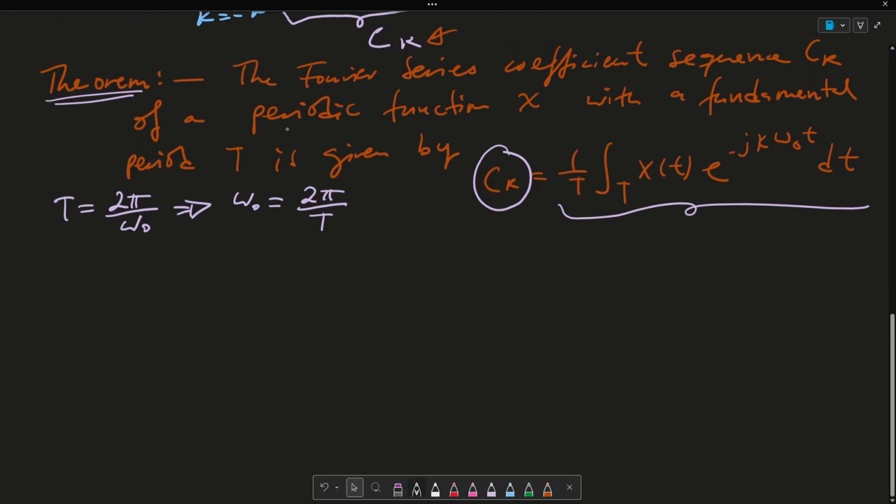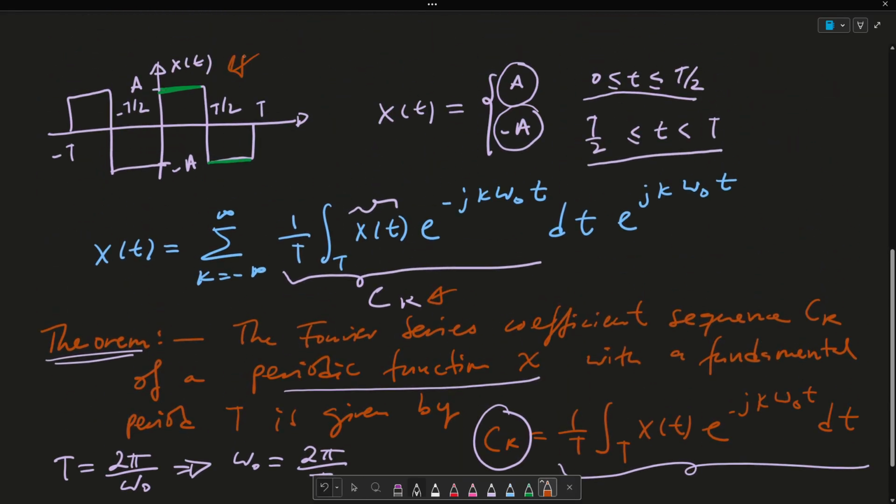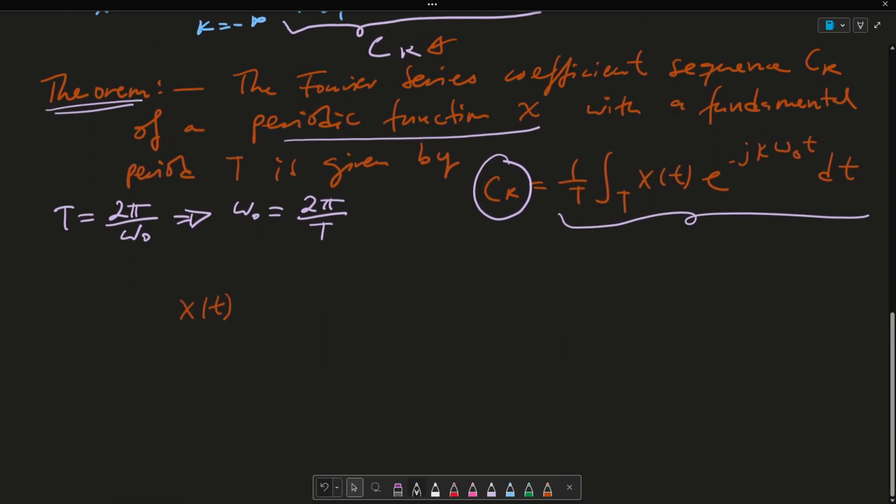Given a periodic function x, in any case, for example in this case x of t, which is that square wave that I drew up here, Fourier says, I'm going to sum up from k equals negative infinity to infinity.